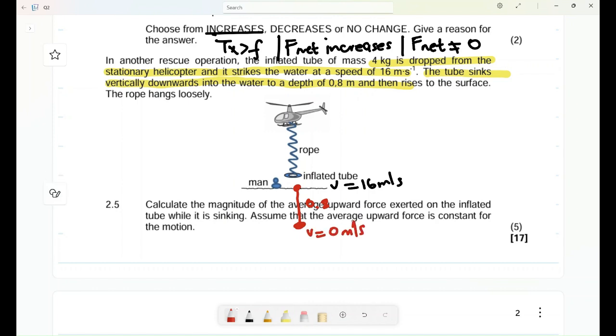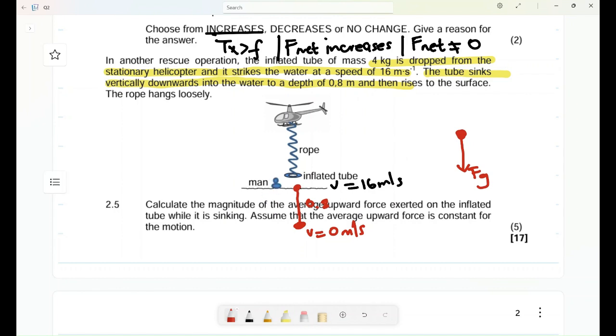Why? Because of the forces acting. Let's say here is the inflated tube. As it moves down, this is the force of gravity moving it down. But remember, as a practical example, when you sink inside water, do you agree that there is a force that lifts you up?